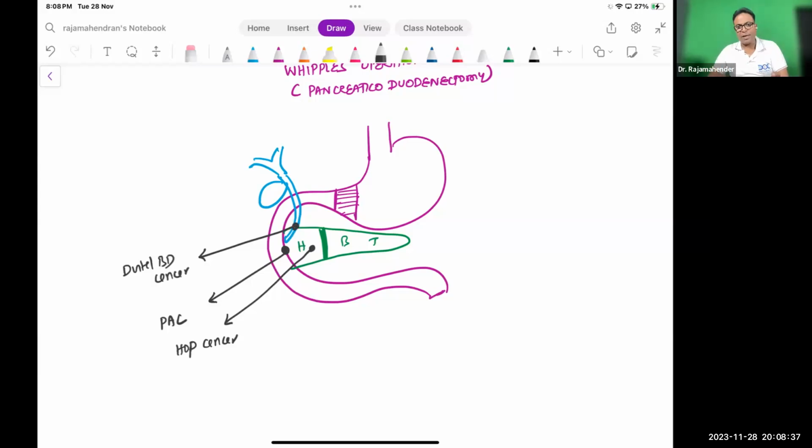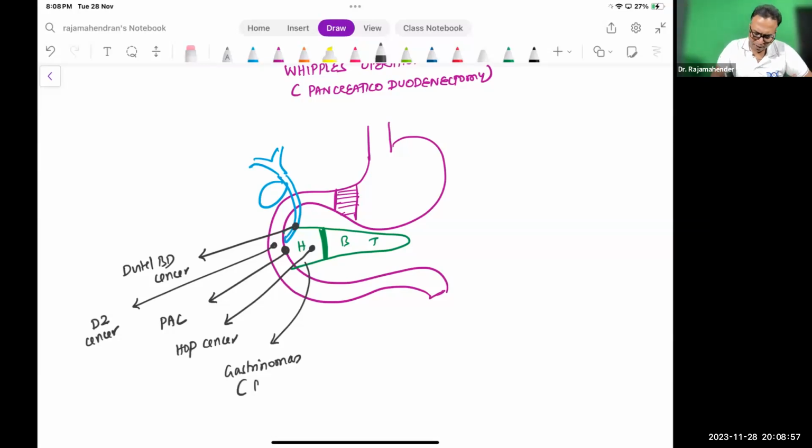I'm going to tell you 5 cancers where I will do Whipple's: periampullary cancer, head of pancreas cancer, distal bile duct cancer, second part of duodenum cancer, D2 cancer, and gastrinomas, which are usually seen in Passaro triangle. So gastrinoma is a syndrome causing Zollinger-Ellison syndrome. They are seen usually in the Passaro triangle. Out of syllabus here, but just remember Passaro's triangle, gastrinomas.